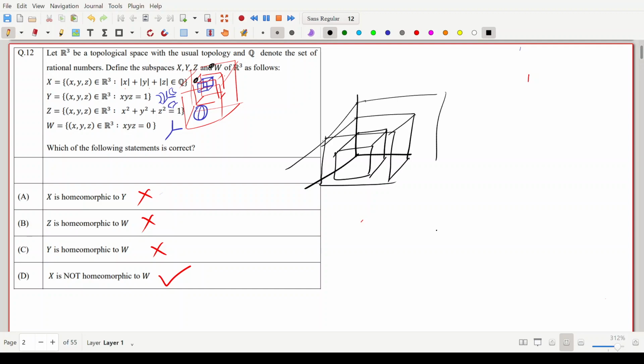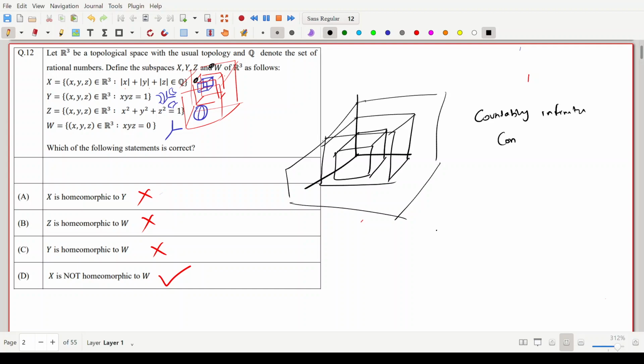Whereas in the other case, every cube is inside, but it is completely disconnected. And it is going up to infinity, so there are infinite connected components. Oh sorry, countably infinite, because rationals are countable, so there are countably infinite connected components.